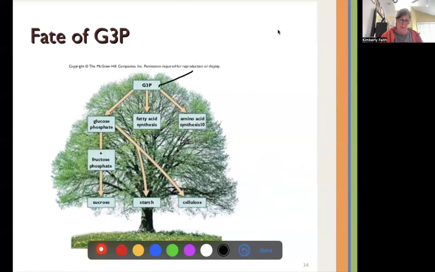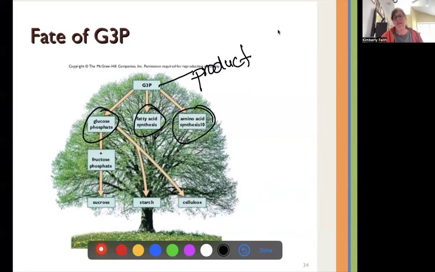Remember, that's our product we just made. We can make sugar. We can make fatty acids. And we can make amino acids. All right. So remember with glucose, we can store it as starch, or we can use that as cell wall formation. So lots of different things here.